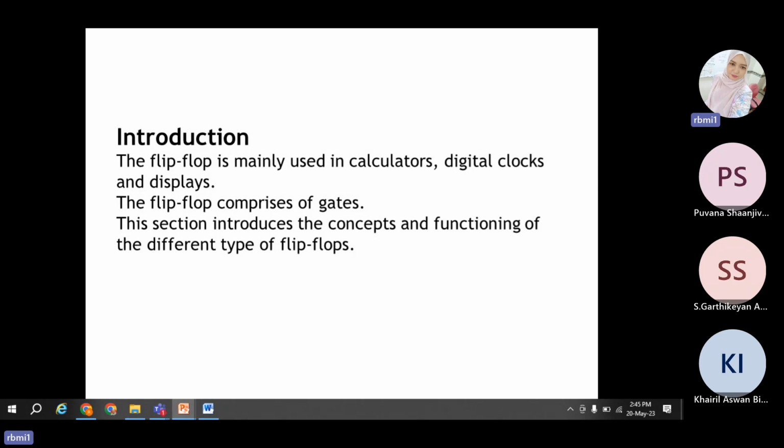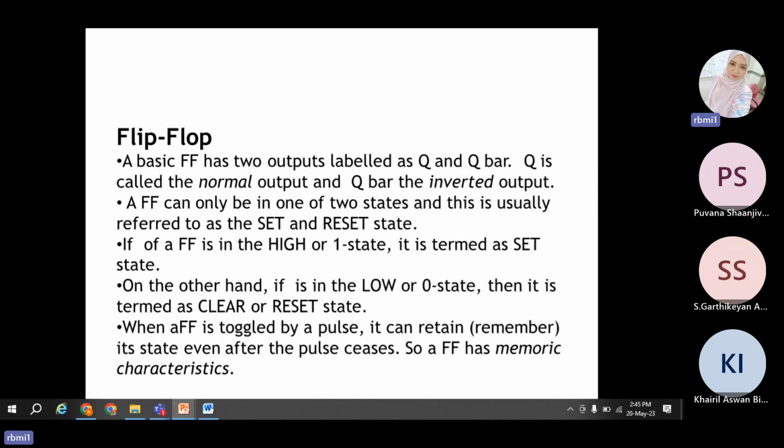Flip-flops are essential components in digital circuit design as they are used to implement a wide range of digital systems, such as counters, registers, and shift registers. They are also used to synchronize signals in digital systems, which is important for ensuring reliable operation.